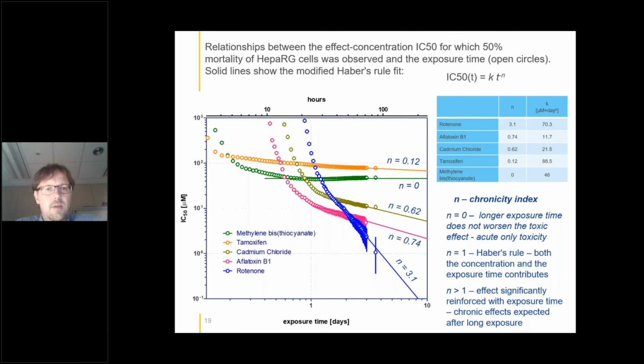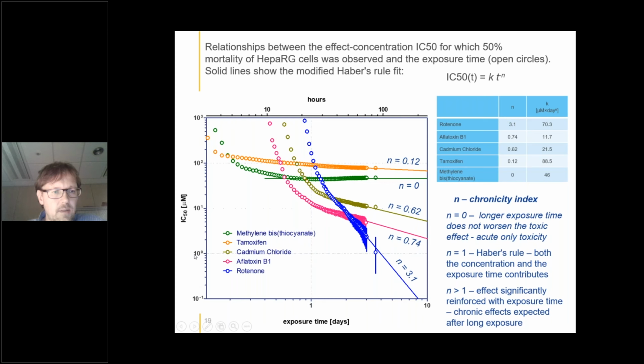So we plot this graph, which is the ISO effect graph, similar to the in vivo studies which I showed you before. So on the x-axis we have the exposure time, here in days, and on top in hours.